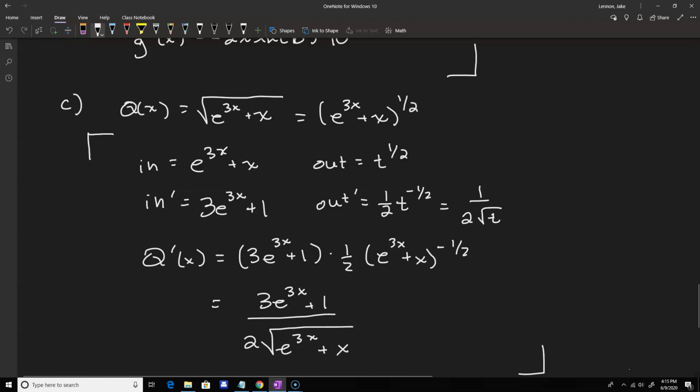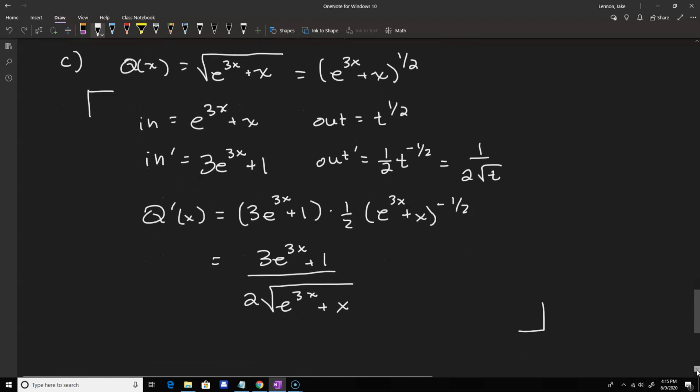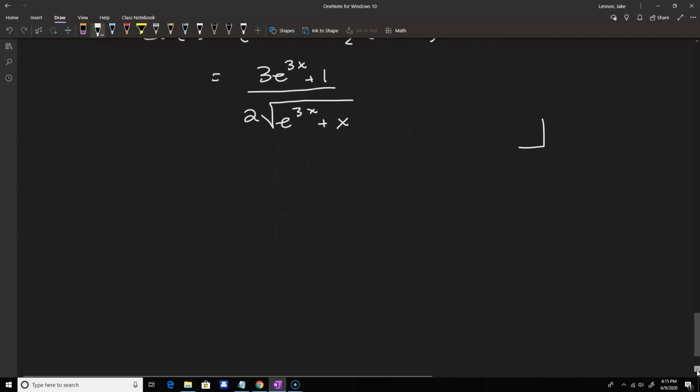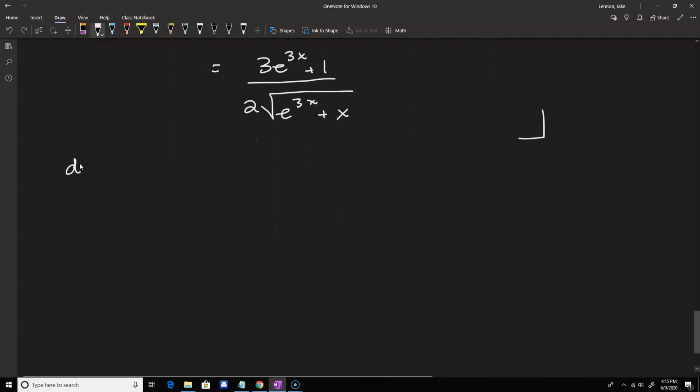Okay, so let's do another one. So D, we have h of x equals the quantity of 5 to the x plus 1 to the 4th power.